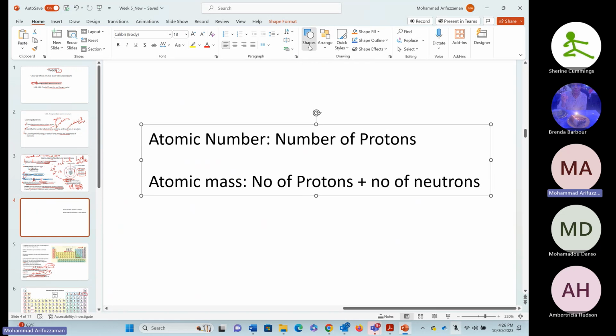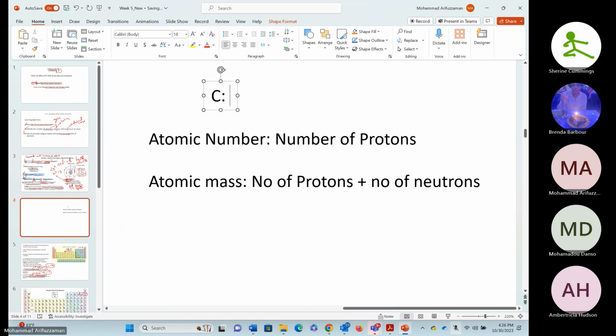Just try to check your understanding. For carbon, the number of protons is 6 and neutrons is 6.